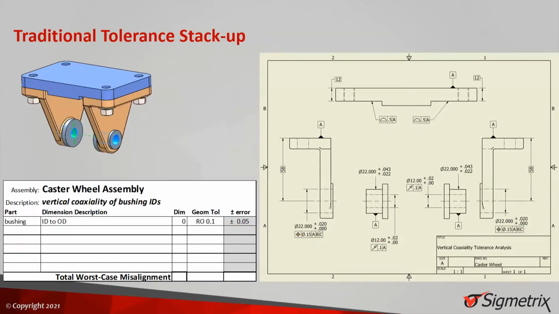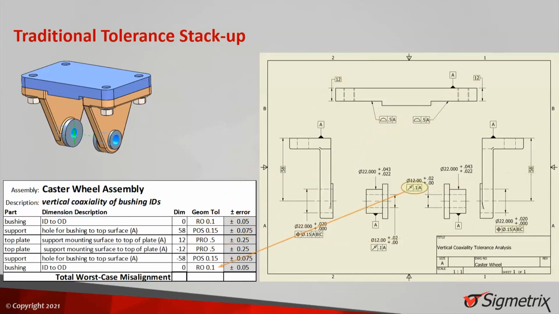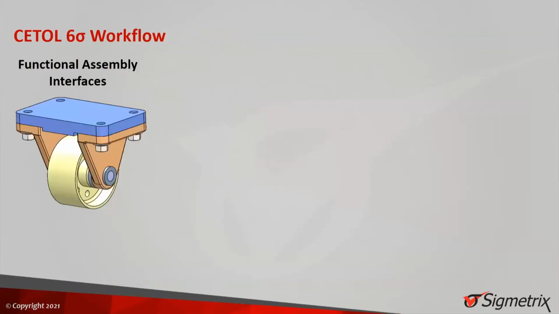Then based on your detail drawing, you enter each dimension into the spreadsheet manually. Then you can derive some equations to calculate the worst case results. This is the very traditional method to do the 1D stack-up.